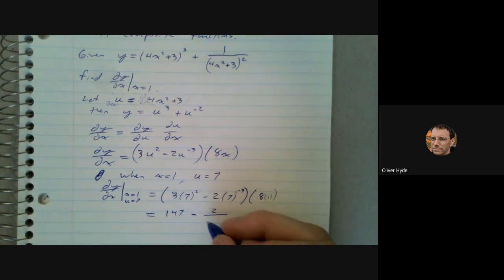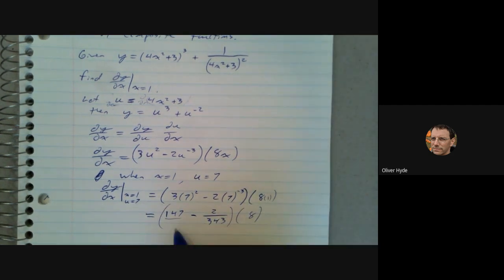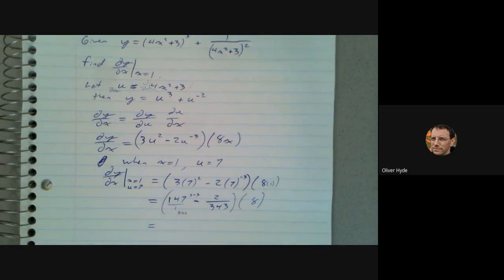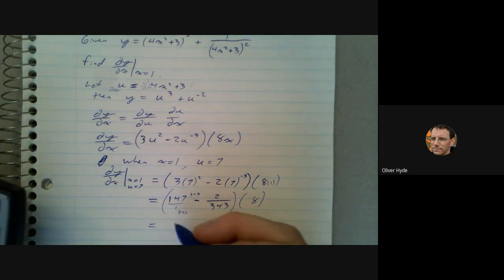I think we figured that out the other day. 343. That's multiplied by 8. Okay, let's get a common denominator here. 343, 343. My calculator is a couple of years older, so it couldn't keep track of this as an exact fraction. This is because I didn't think out the problem ahead of time. I just wrote it. Times 147 minus 2.